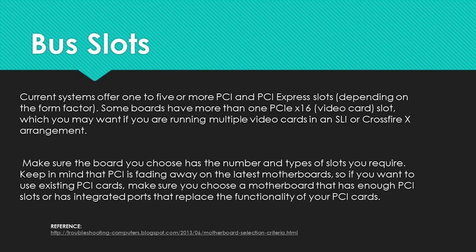Make sure that the board you choose has the number and types of slots you require. So keep in mind that PCI is fading away in the latest motherboards. If you want to use existing PCI cards, make sure to choose a motherboard that has enough PCI slots or has integrated ports that replace the functionality of your PCI cards.